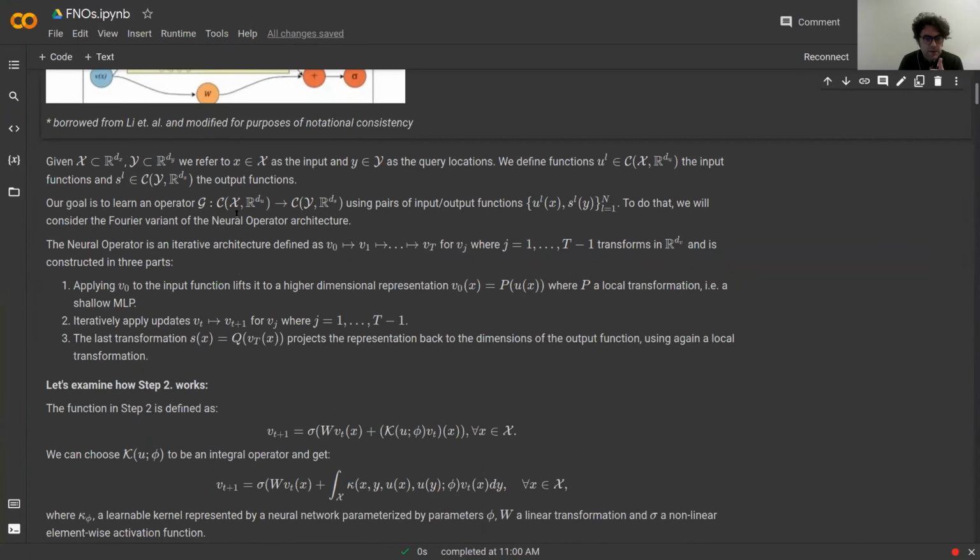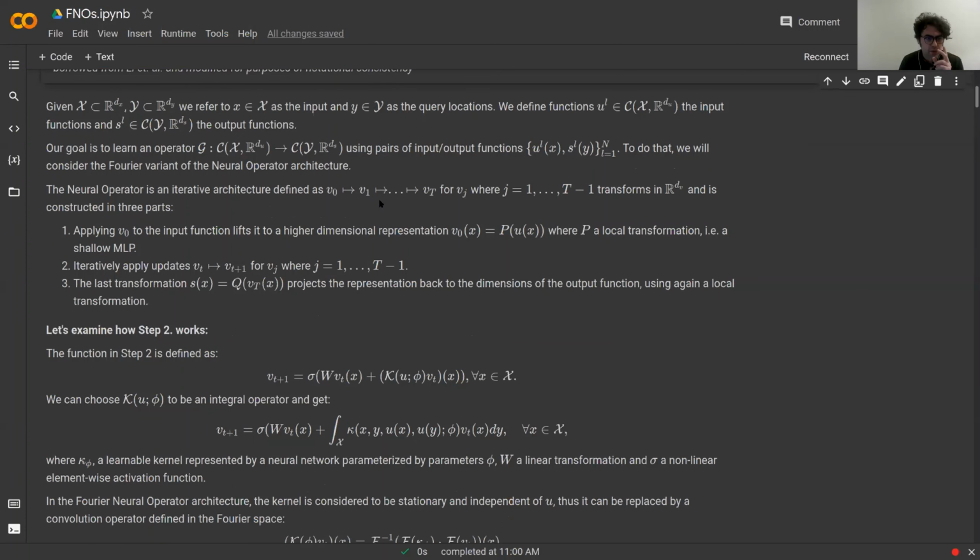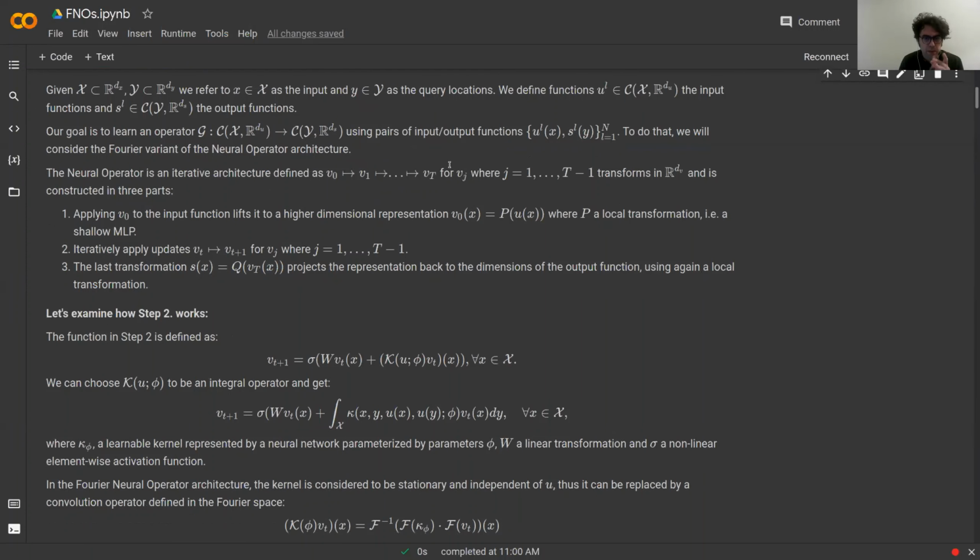Again, we have the same setup: some X inputs and some Y outputs, input and output function pairs, and we want to learn an operator using them.